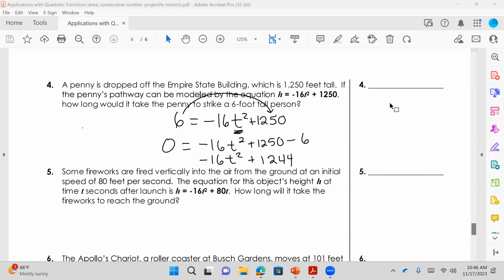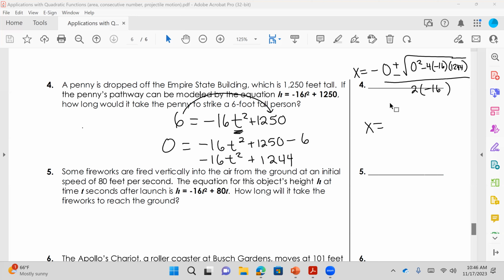Okay, so now I can use the quadratic formula. So it's x equals negative. Do I have a b value? No. Plus or minus the square root. I don't have a b value. Minus 4. A is negative 16. And the c value is 1,244. All over 2 times the a value, which is negative 16. Okay, so let's simplify this.